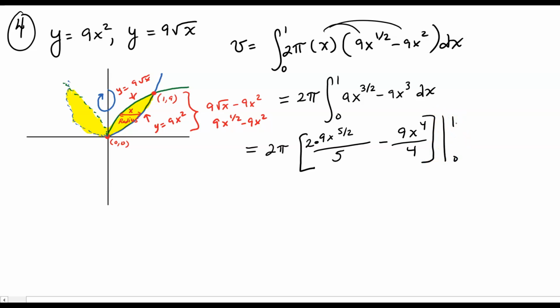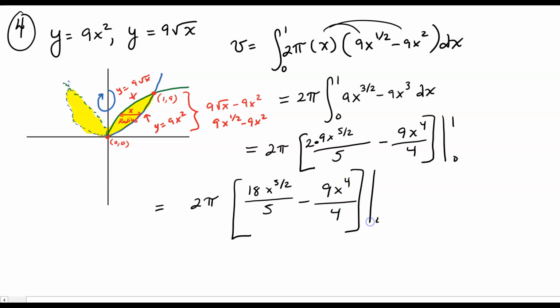Again, 0 is really nice because it's just going to yield 0 when you plug in. Here we're going to have 2 pi. We're going to get 2 times 9, which is 18x to the 5 over 2 divided by 5 minus 9x to the 4th over 4. Again, 0 to 1.